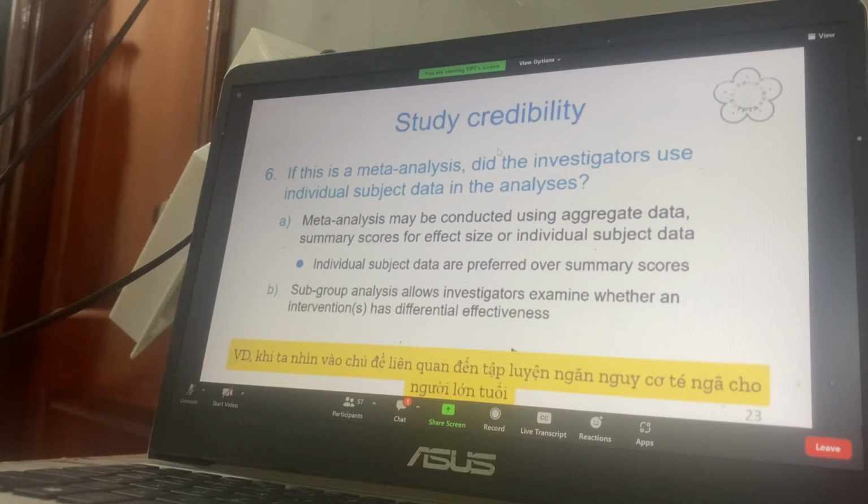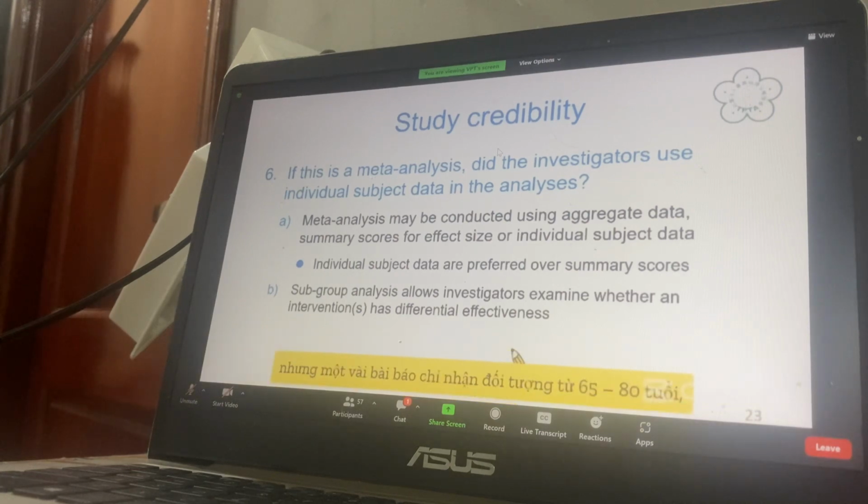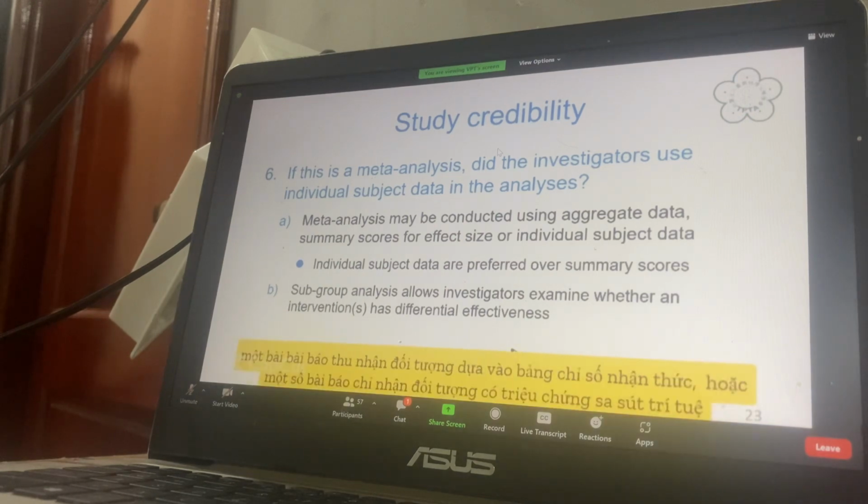For example, if I'm looking at a topic related to exercise reducing fall risk in elderly adults, some articles may only include elderly adults from 65 to 80, while other articles may include elderly adults greater than 80. Some articles may include elderly adults who are cognitively intact, while others may include those with dementia.